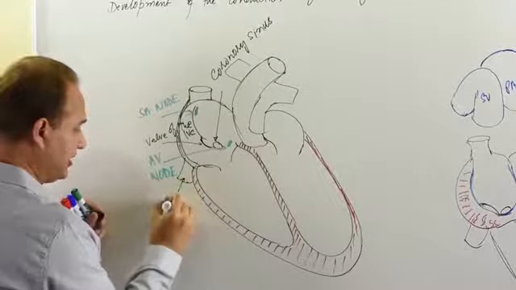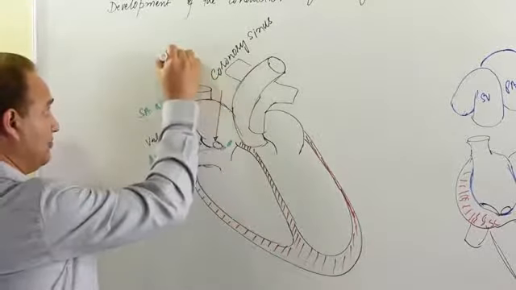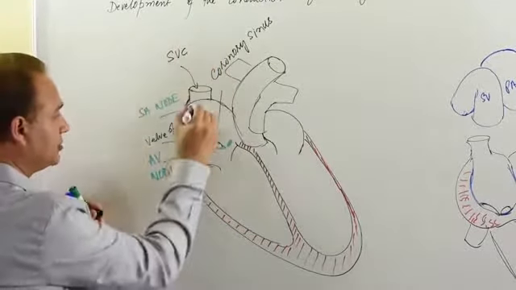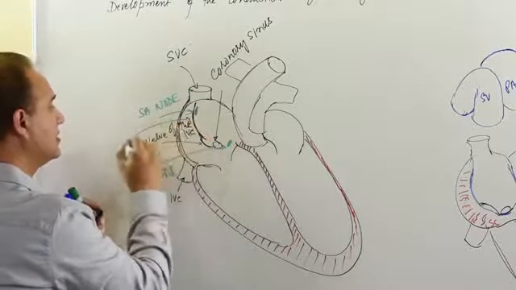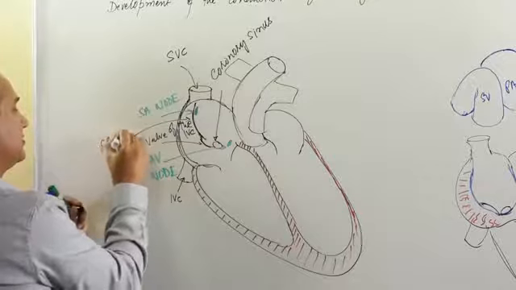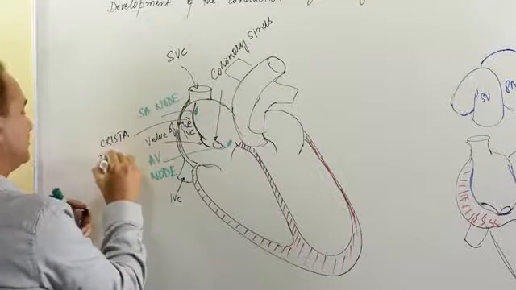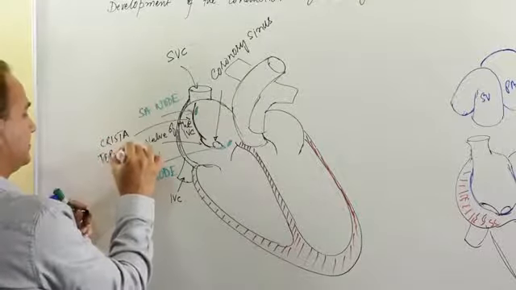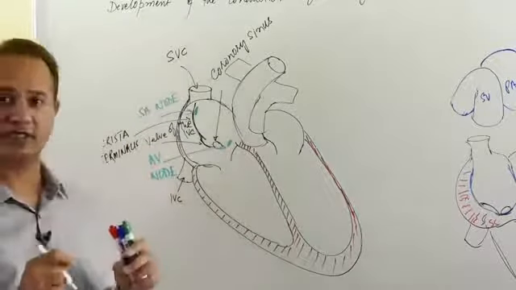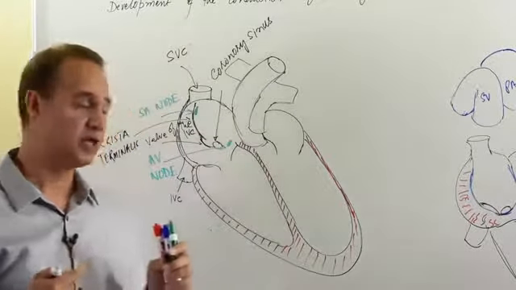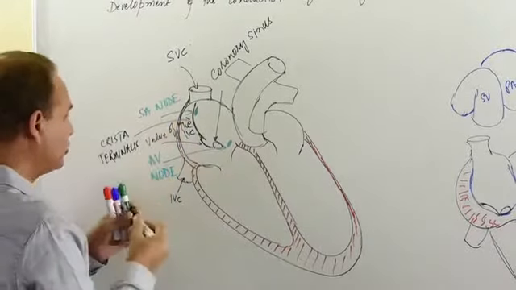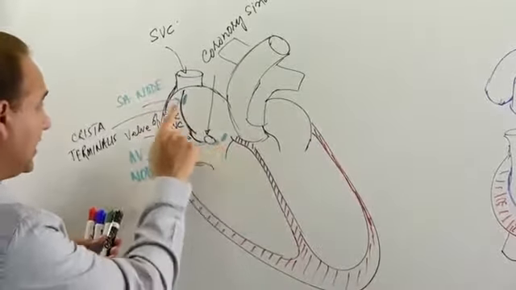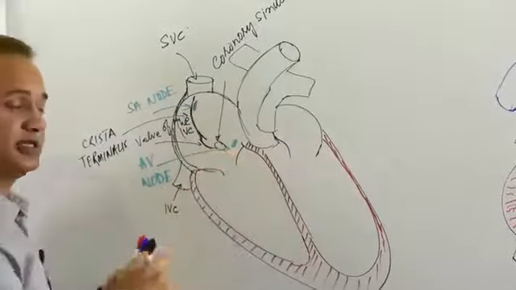This is inferior vena cava, this is superior vena cava, and of course this line is crista terminalis. So if there is a crista who is listening to this lecture, this is crista terminalis, is the line, not you. So SA node is present here, AV node is present here.